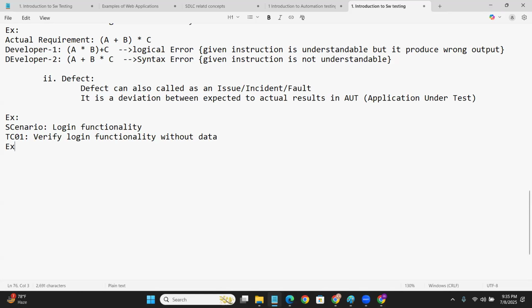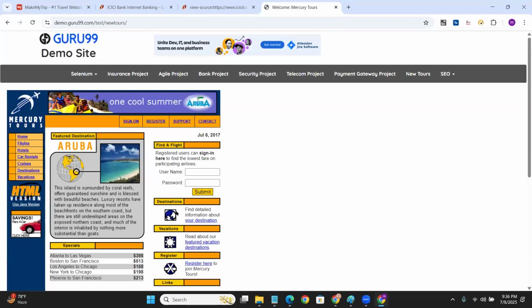If I do testing like this, what is the expected result? Unsuccessful login operation. You have not entered login credentials. When you click on submit, what is our expectation? Unsuccessful login operation, right? Now I am testing without entering the username and password, and clicking on submit.